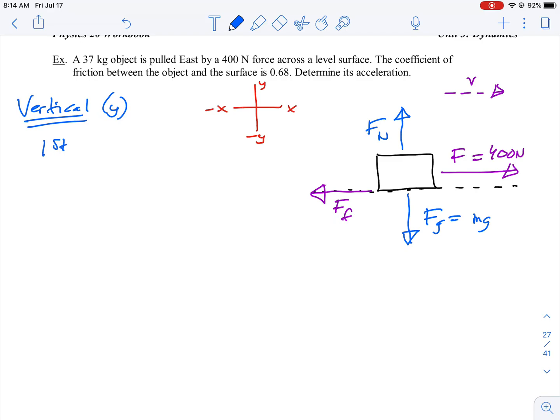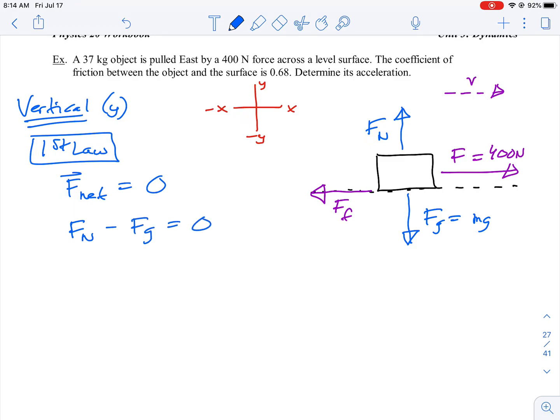So it's Newton's first law vertically, which means if you add up all the forces vertically, you will get 0. And you can see that Fn is positive, Fg is negative, equal to 0. And so therefore it stands to reason Fn will be equal to Fg.